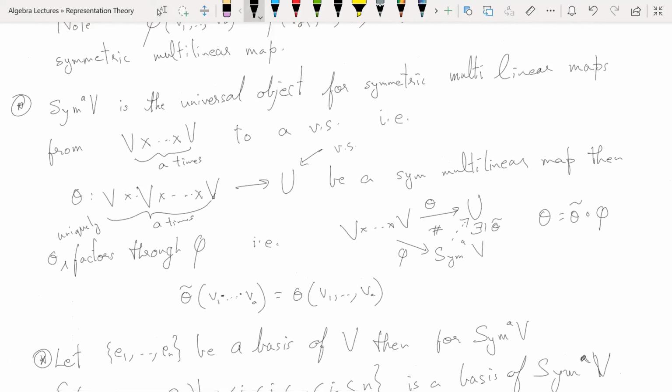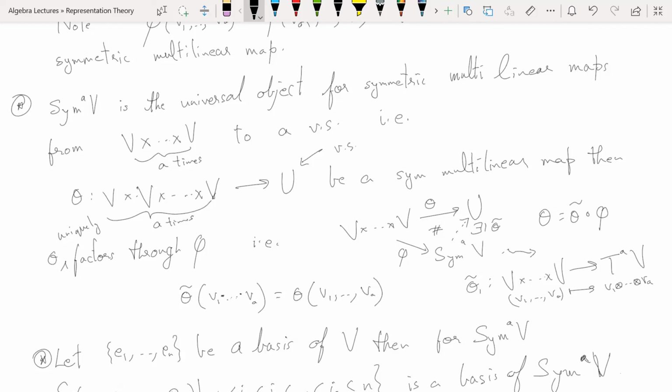Another way of thinking of it is that theta induces theta 1 tilde from V cross V, A times, to T^A V, which sends v1 to vA to the tensor power. Because theta is multilinear, and theta is symmetric.